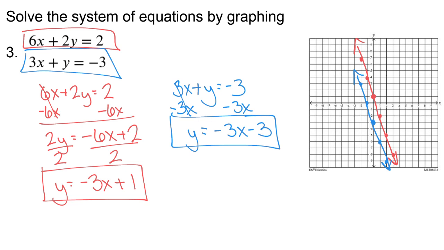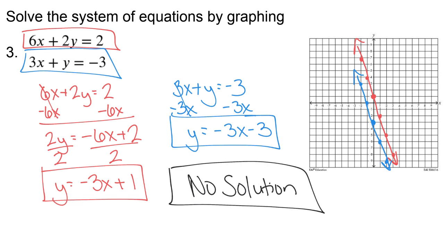Anytime you have parallel lines with the same slope, your answer is that there isn't one. There is no real solution for this. There is nothing that if you tried to put it in here that would also work for here. Now there's lots of things that work here and there's lots of things that work here, but nothing that will work in both because those lines never cross paths.